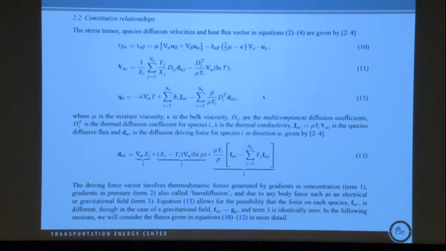D alpha I that appears in the species diffusion velocity is the driving force for species I in each of the three directions as given by equation 13.